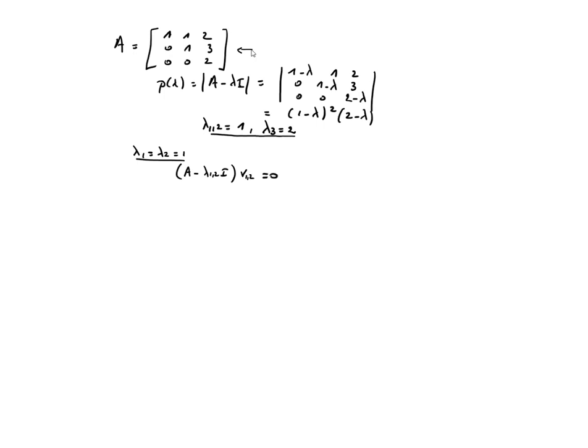So this is equal to [0 1 2; 0 0 3; 0 0 1] times v_{1,2}. This eigenvalue is double, so we need 2 eigenvectors.